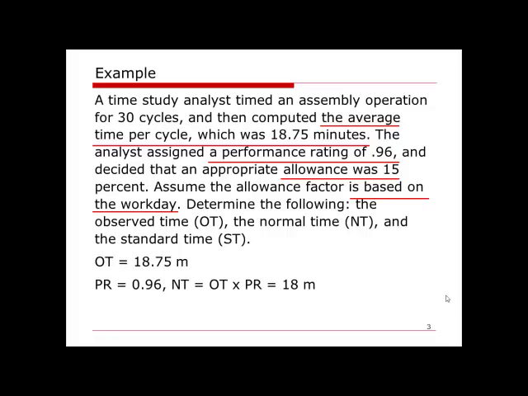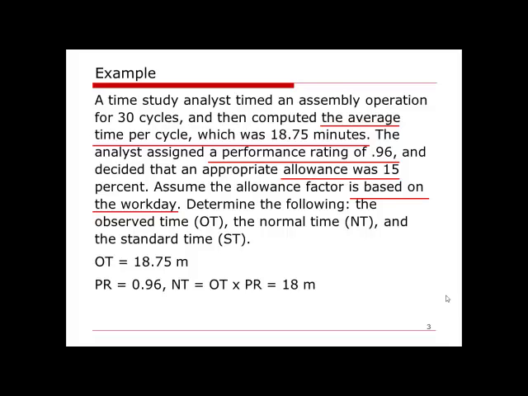Next, we need to calculate the standard time. Here we have an allowance of 15%, but this allowance is based on the workday. It means that during any working day, 15% of the time will be used to do something else except working.